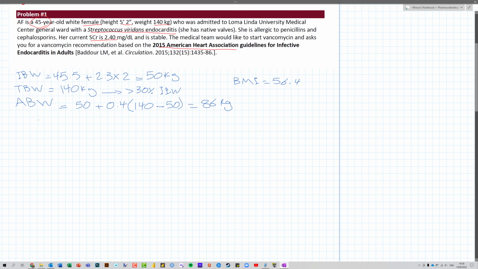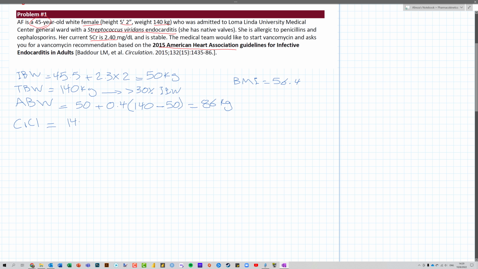The reason we're calculating adjusted body weight is literally for the purpose of calculating creatinine clearance, just to assess the kidney function. We would calculate creatinine clearance using adjusted body weight.